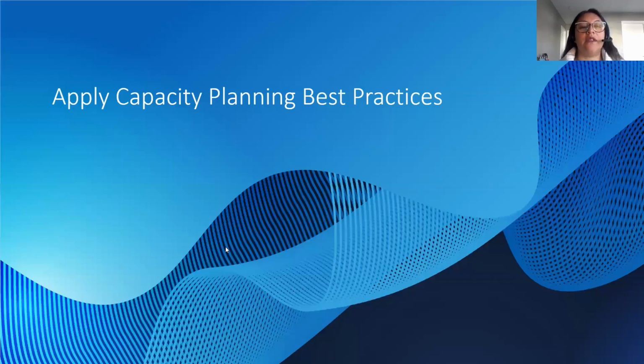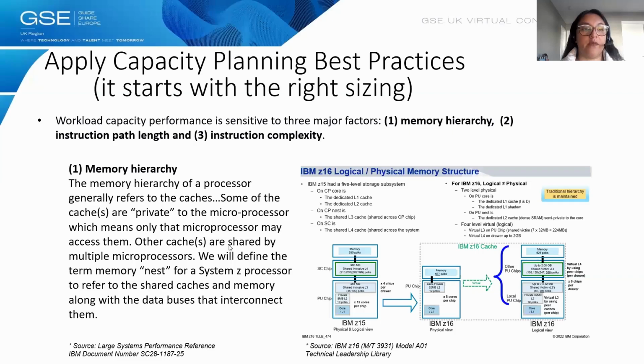So it always starts with applying capacity planning best practices. Here I'm going to read just a little bit of the Large Systems Performance Reference regarding workload capacity performance, right? So workload capacity performance is sensitive to three major factors. One, memory hierarchy. Two, instruction path length. And three, instruction complexity.